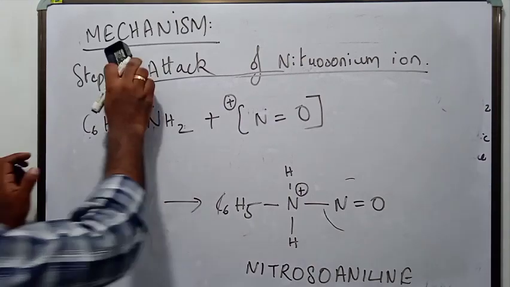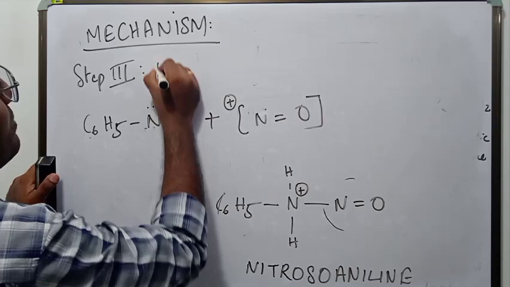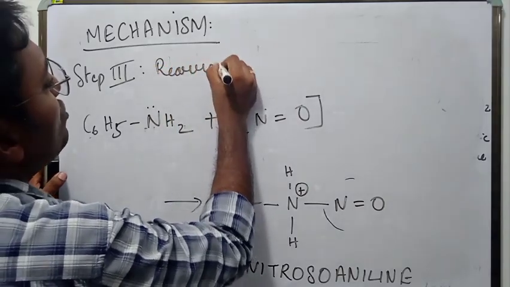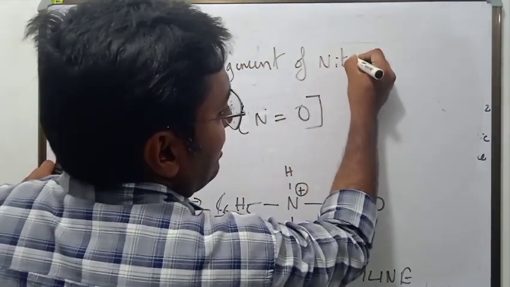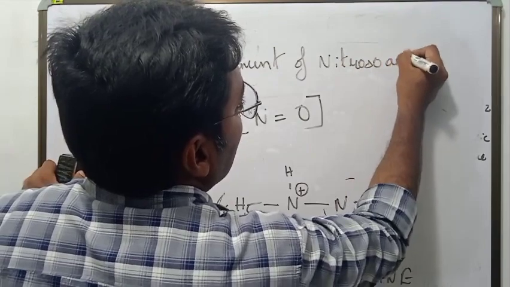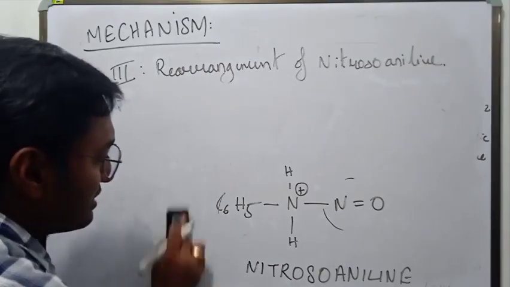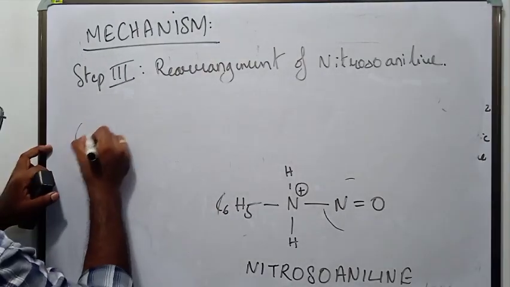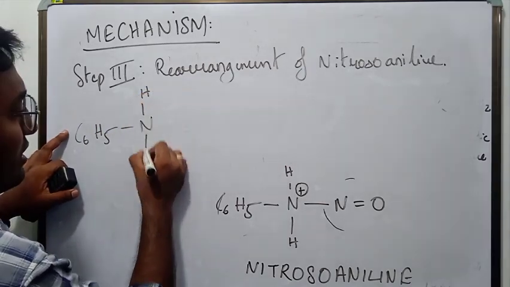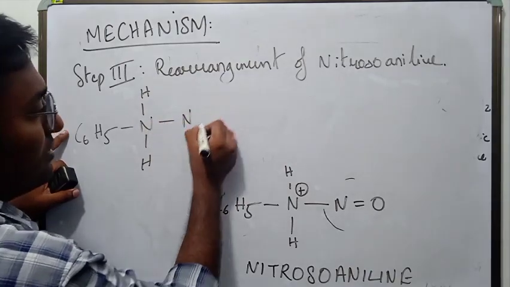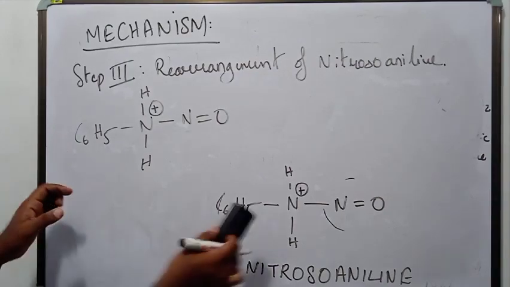Step number 3. Rearrangement of nitrosoaniline. Let me rub this one and write this here. C6H5 N, and the positive sign is here.